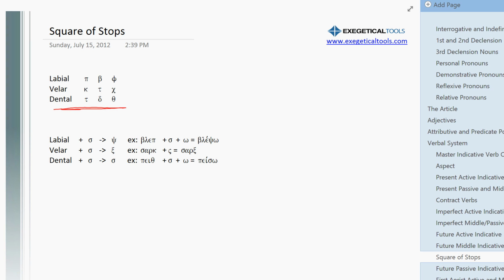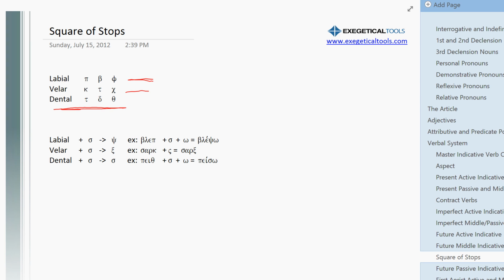So we have the labials. With pi, it's just your lips coming together. You have pi, beta, and phi. So notice there that either your teeth are coming together with your lips, or your lips are coming together: pi, beta, and phi. And then the velars, kappa, gamma, and chi.